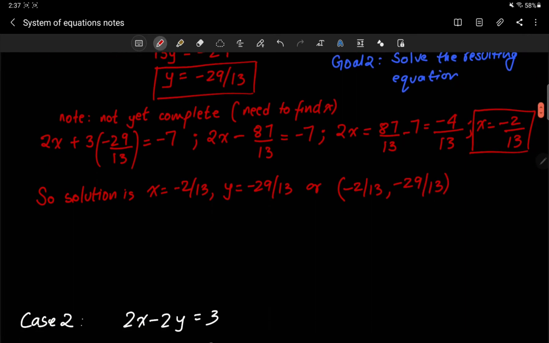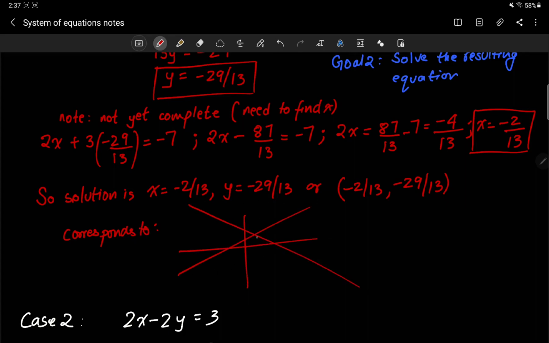And what is that? That's a point. So this corresponds to the picture being that of two straight lines. Since they're both negative, it's going to be in the fourth quadrant.